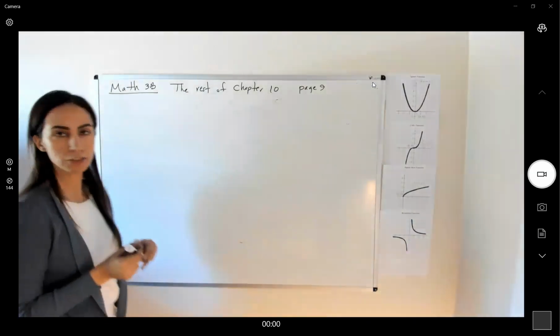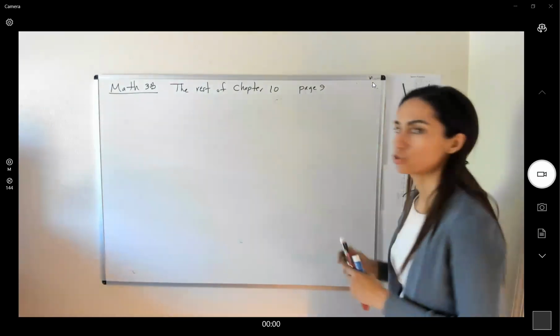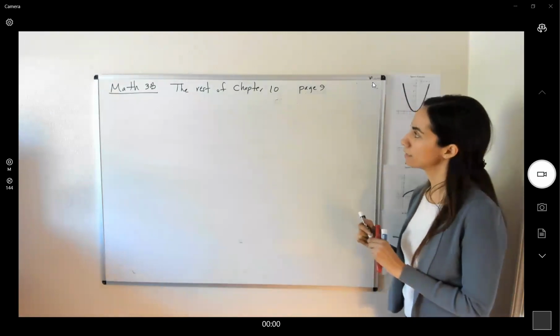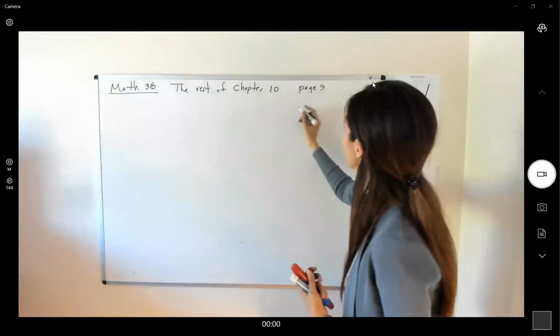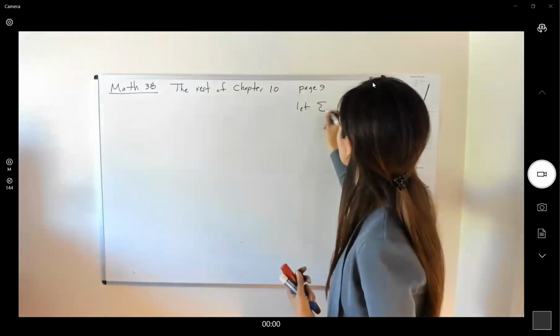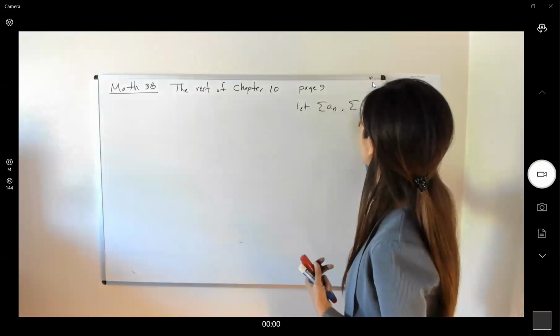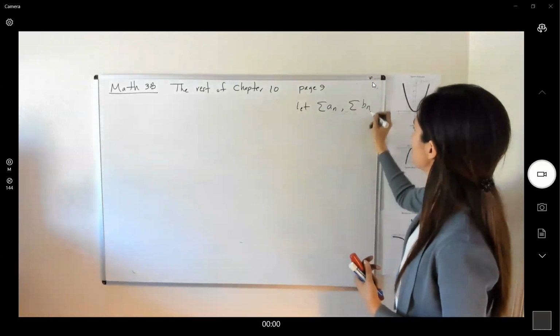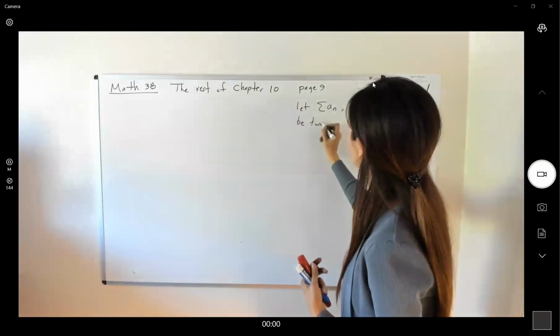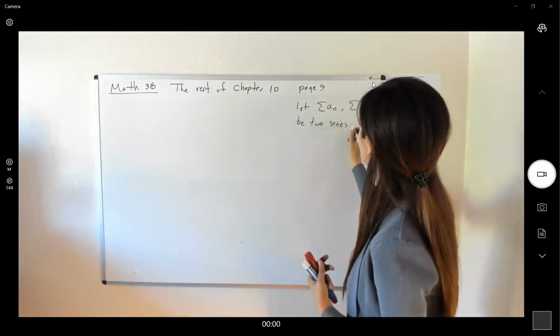So we have another technique. We can compare two series this way. So let sigma a_n and sigma b_n be two series.